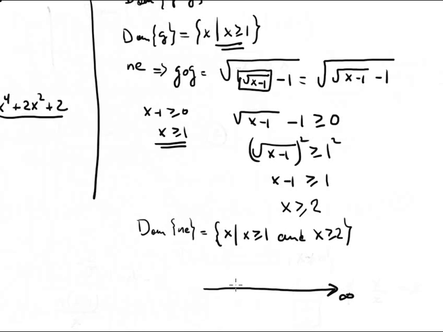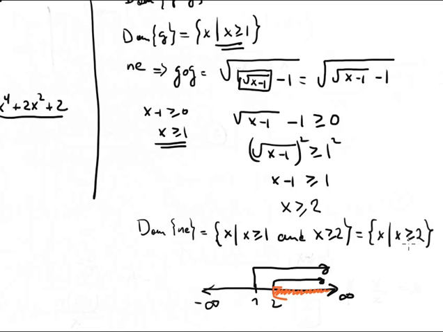To see this idea, this is 1 here, this is 2 here, greater than or equal to 1 is like that, greater than or equal to 2 is like that, and the intersection is obvious, it's this part only, and it includes 2. Then this is equivalent to say x greater than or equal to 2 only.